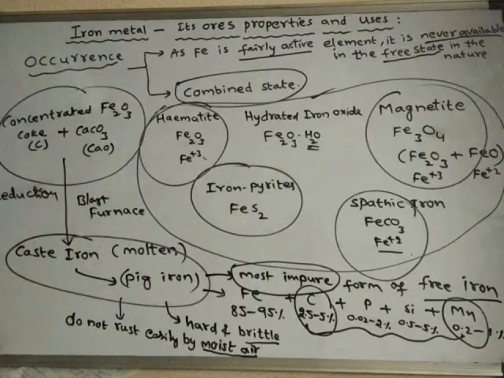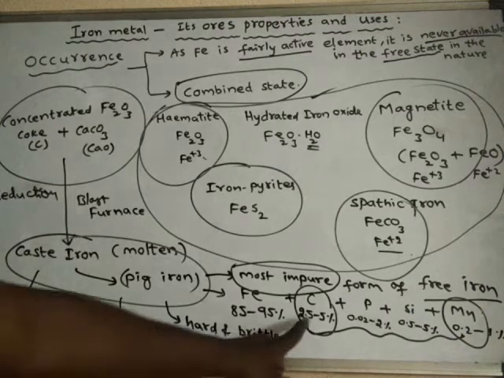Next, the melting point of this cast iron is about 1200 degrees centigrade. Sometimes it may vary because there are impurities.